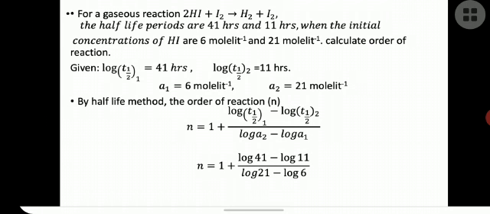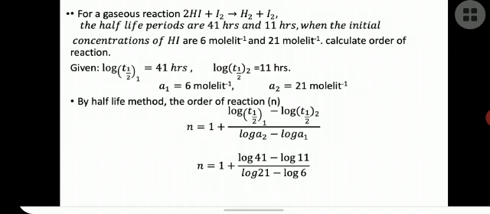Calculate order of reaction. Given T half 1 is equal to 41 hours. T half 2 is equal to 11 hours. Now A1 is equal to 6 moles per liter and A2 is equal to 21 moles per liter.